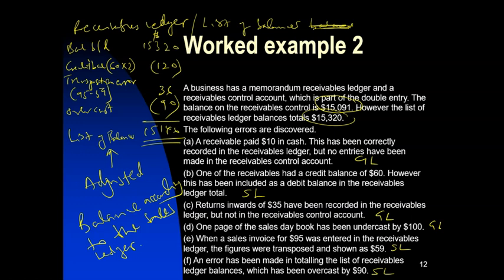From the errors, the receivable paid $10 in cash. This has been correctly recorded in the receivables ledger, but no entries have been made in the receivables control account. So if a receivable has paid, what is the double entry there?